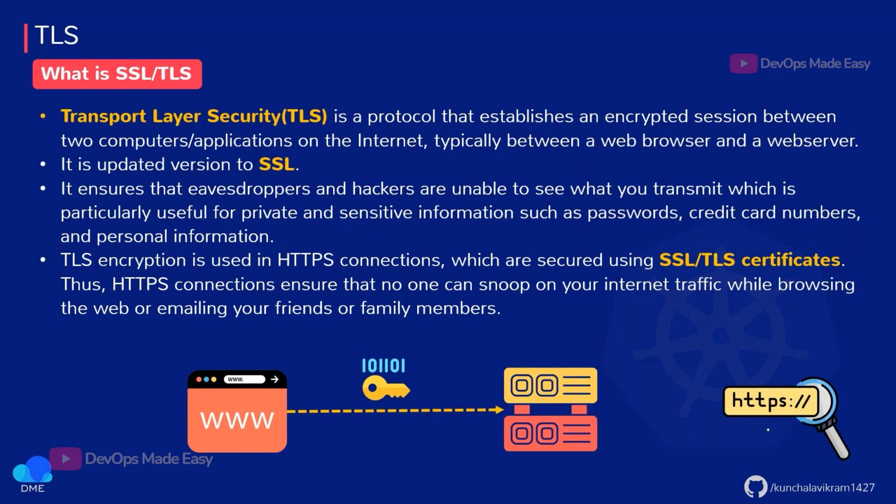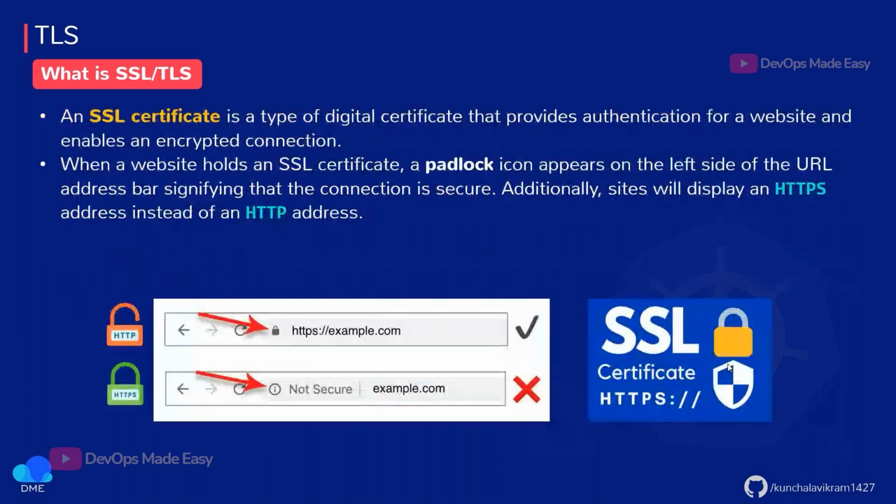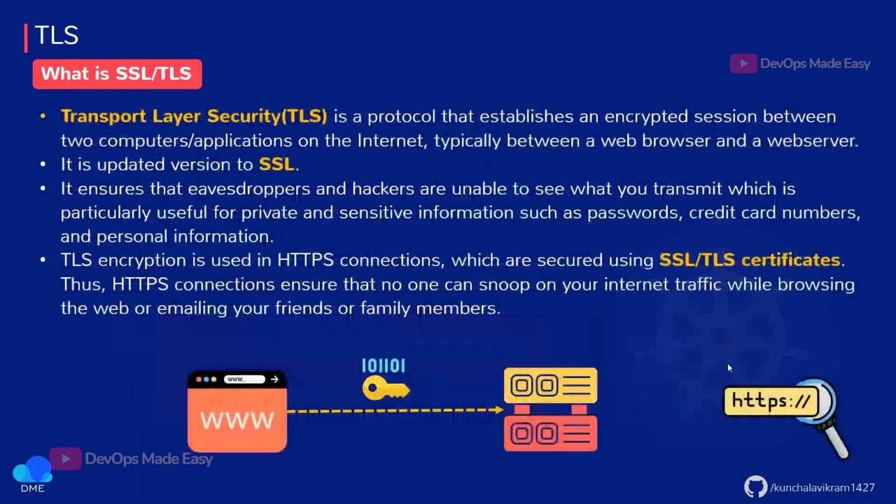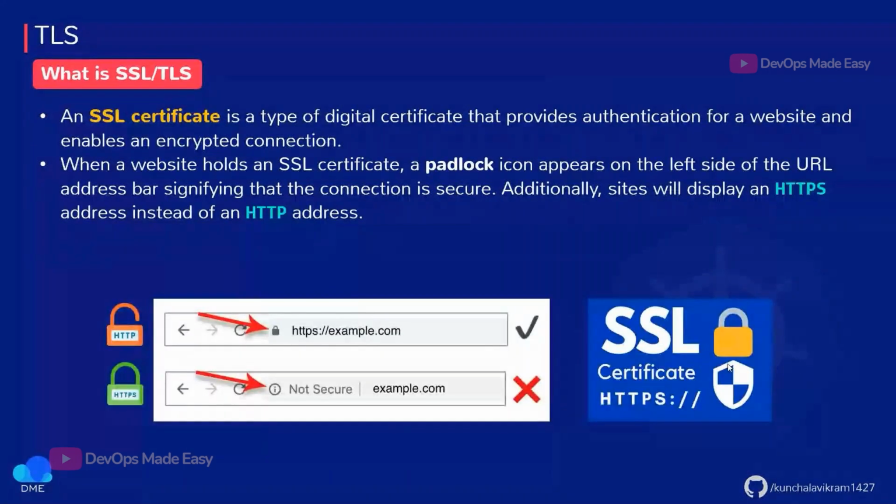Using an HTTPS site, we can rest assured that the data you are sending to the server is all encrypted. And what is an SSL certificate? When we talk about TLS or SSL, we will talk about certificates. So what is a certificate usually?